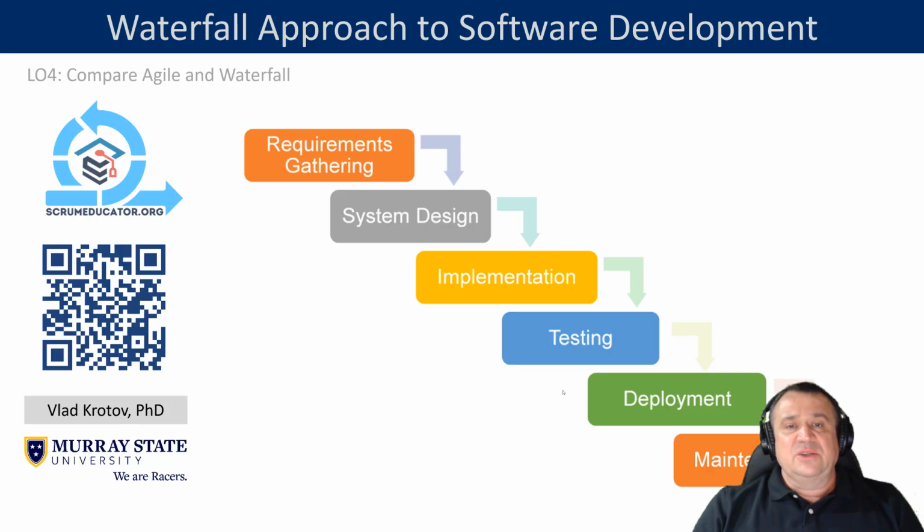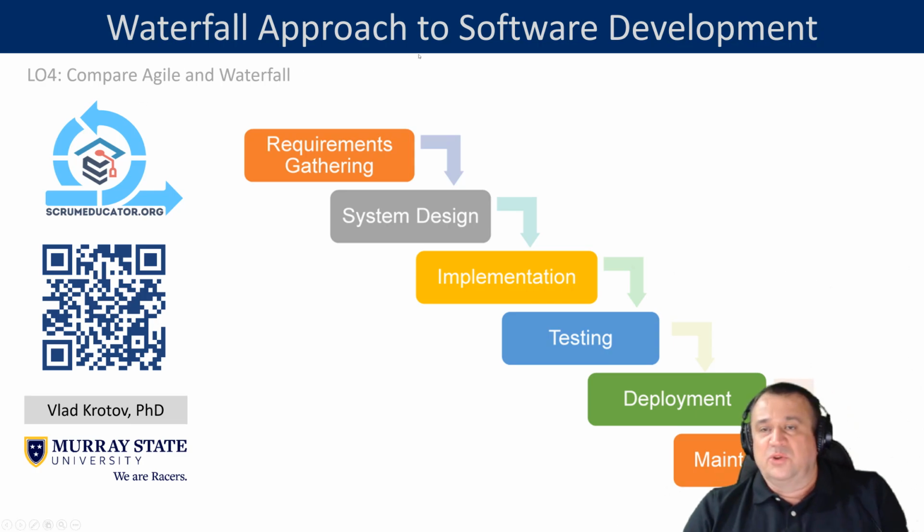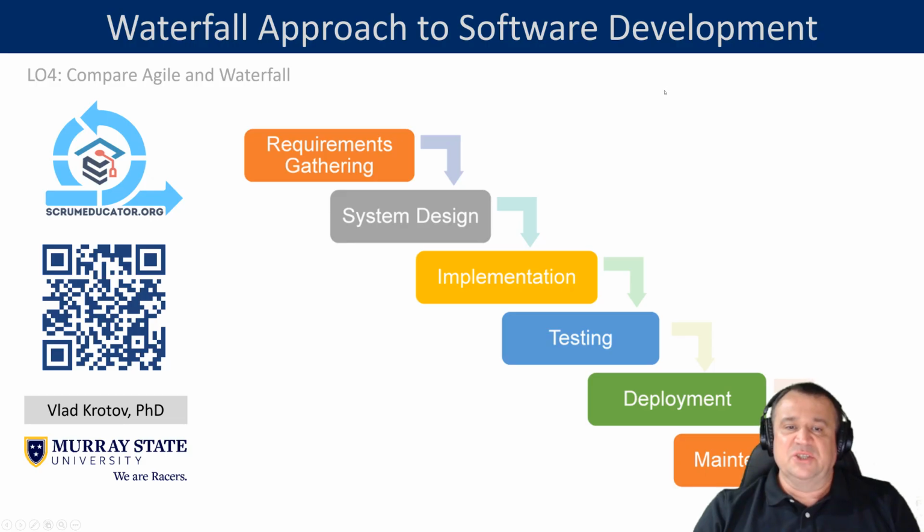So we need to compare and contrast Scrum to that traditional classic waterfall approach to software development or project management in general. So the waterfall approach emphasizes structure. It says that there are certain phases or steps you need to go through to deliver a product or service.